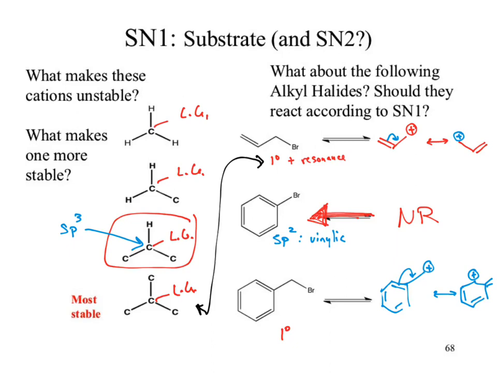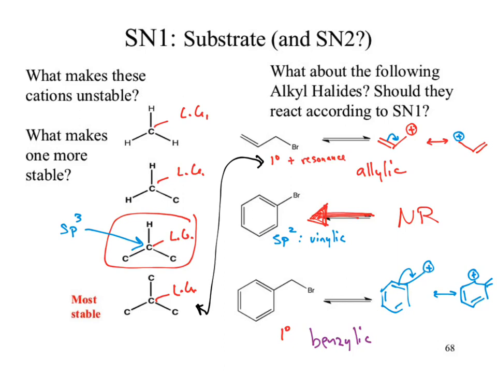Because of that, we call these structures slightly different, or this resonance effect slightly different, and somebody started to suggest it. The top one is allylic, and the bottom one is benzylic. Not to be confused with benzyl, phenyl, or a multitude of other benz type names, which you'll probably see later on.